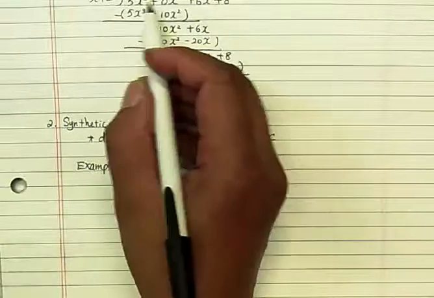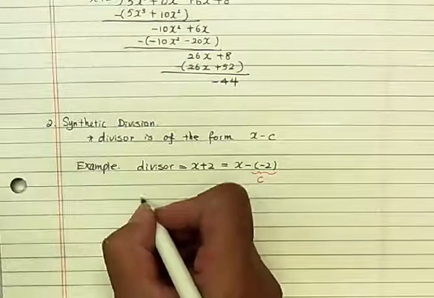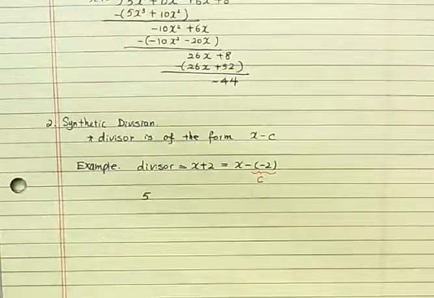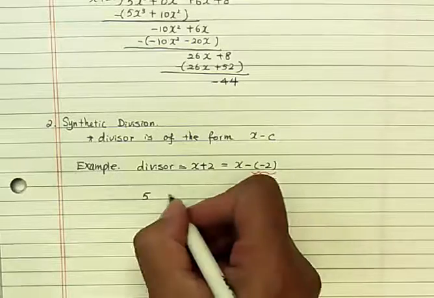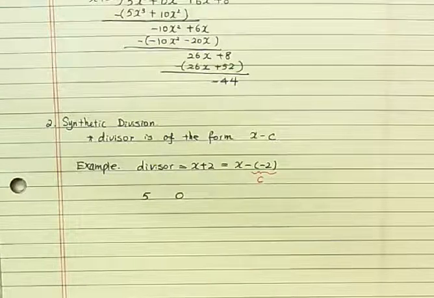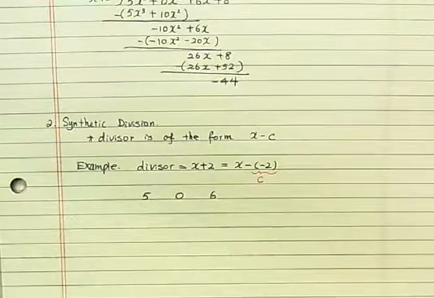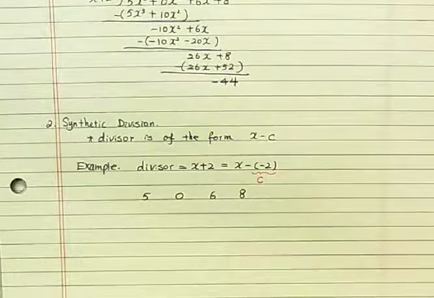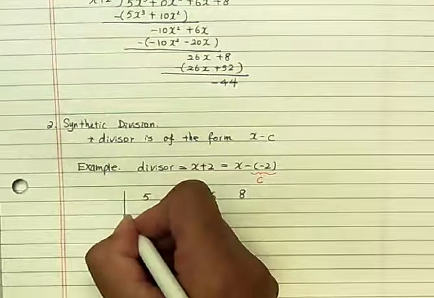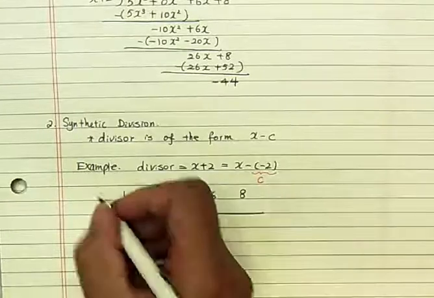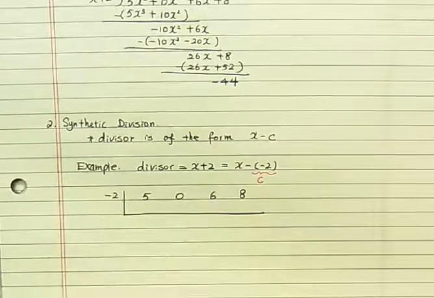So I'm going to write 5, that's the coefficient of x cubed. 0, that's the coefficient of x squared. 6, that's the coefficient of x. 8 is the constant. And I'm going to put the c right here. So the c is negative 2 in this case.